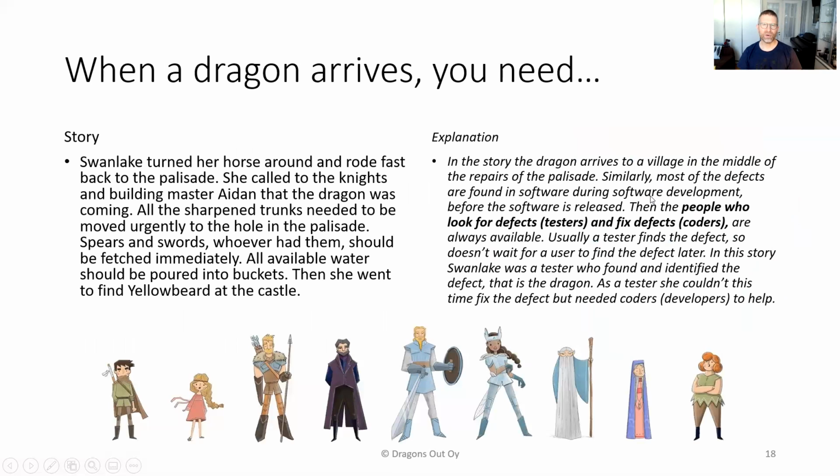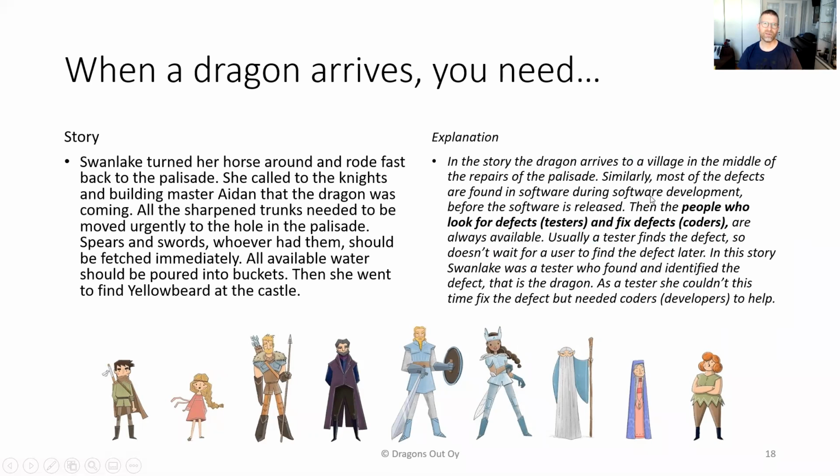So how it practically works is, and here you can see a bit of a story example, but I'll just dive into the explanation. How it works in practice in the IT world is that developers and testers work together in a team. They have a number of functionalities they want to create.